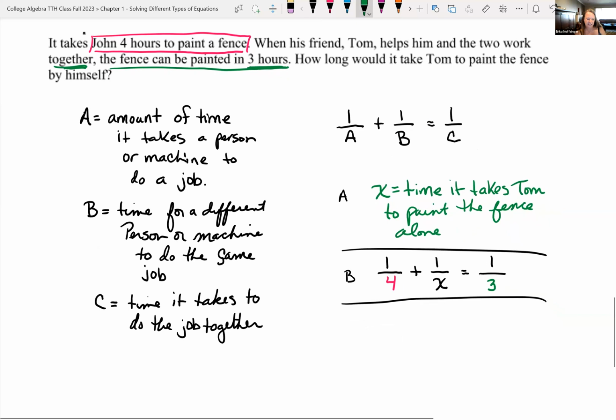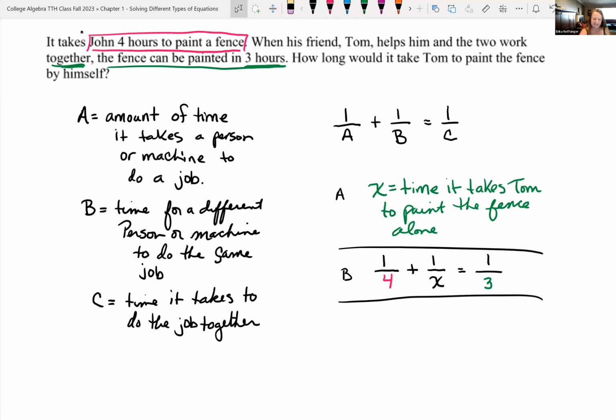So we have fractions in our equation. We've seen that we can clear our fractions if we have an equation by multiplying everything through by our least common denominator of the fractions within the equation. So looking at 4x and 3, the smallest term that 4x and 3 divide into, our least common denominator, is going to be 12x.